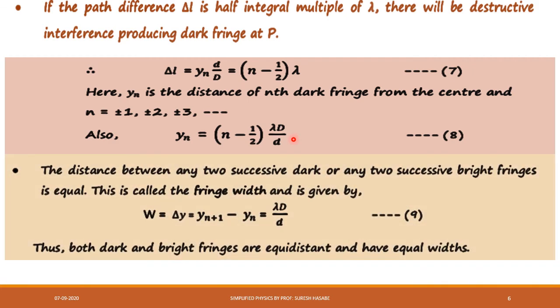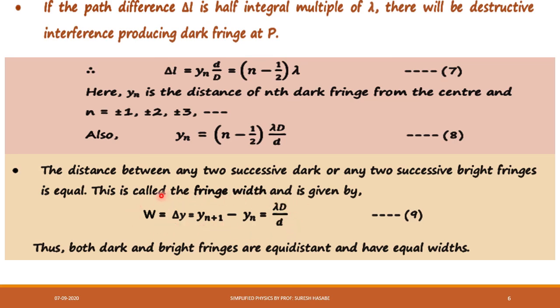Now what are the different terms that we have to consider there? The distance between any two successive dark or any two successive bright fringes is equal. This is called fringe width or band width. If we calculate this by replacing the value of n by n plus 1, we can easily get this relation.